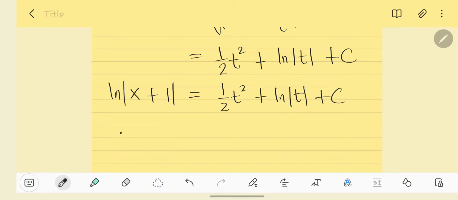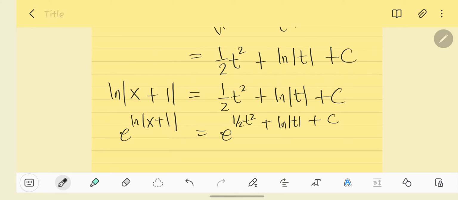Thus the equation becomes e to the natural log of x plus 1 is equal to e to the 1/2 t squared plus natural log of t plus c.